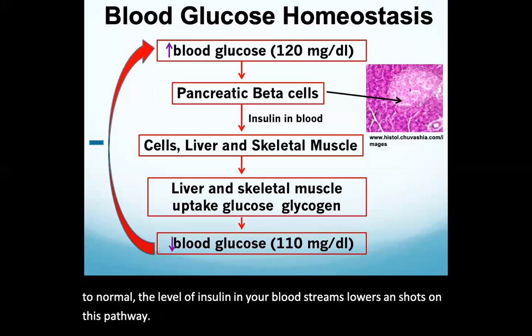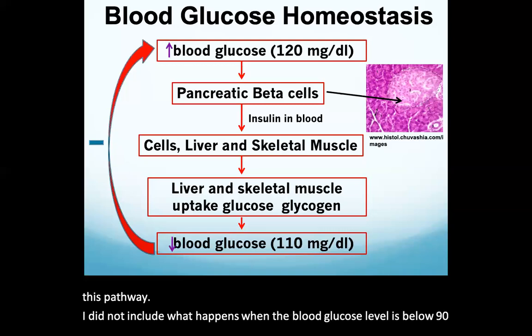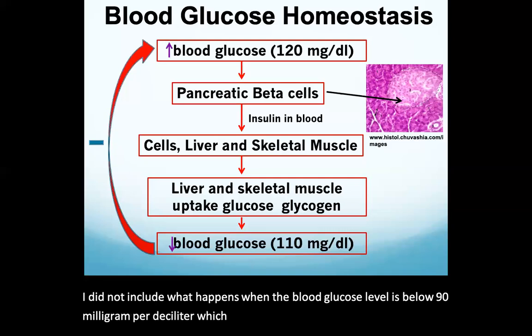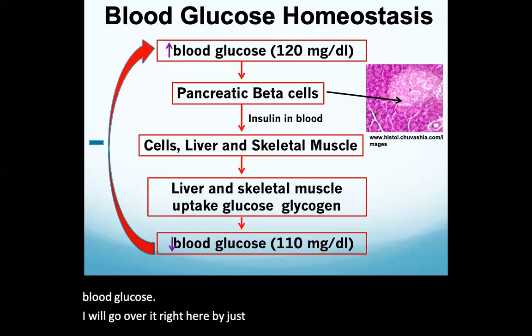Now, I did not include what happens when the blood glucose level is below 90 milligram per deciliter, which means basically you're dealing with low blood glucose. I will go over it right here by just going over this picture, but you are expected to know it.